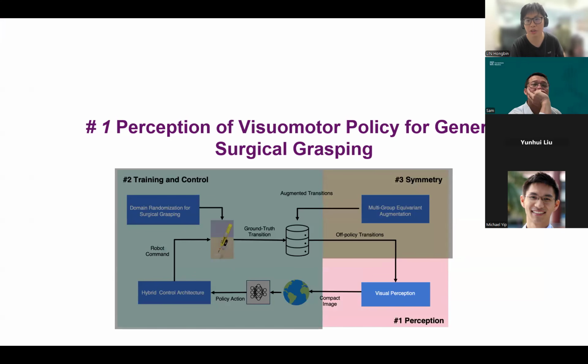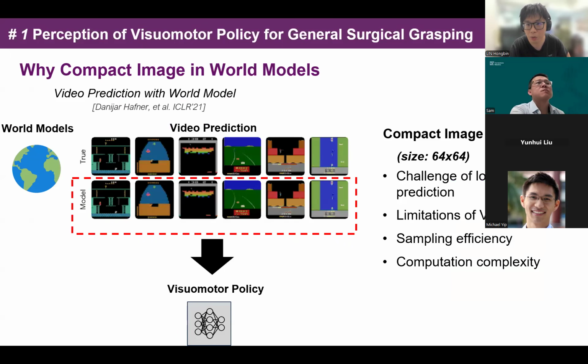Now we introduce the first work, perception of the visuomotor policy for general surgical grasping. We investigate the world model architecture for visuomotor learning. The world model generates the simulated experience, including the temporal image observation, and uses the simulated experience to train the visuomotor policy.